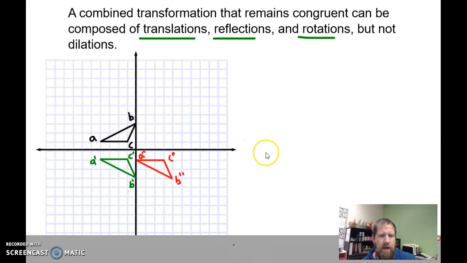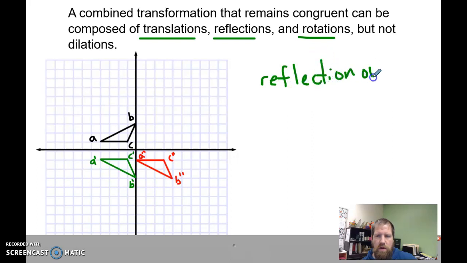And you're just going to list it out. You would say, first of all, it was a reflection over the x-axis. That was my first one.